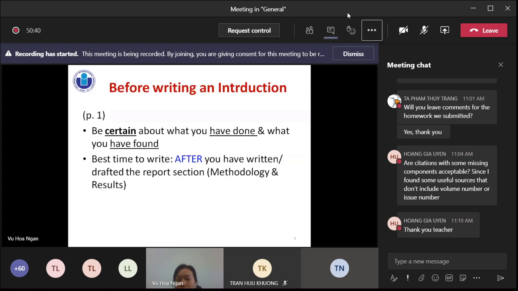What I mean is the introduction of your thesis. You can have a draft, but for the final draft, when you put everything together, the introduction is not the first chapter that you need to work on. The introduction chapter should be written after you have written or drafted the methodology and results sections.